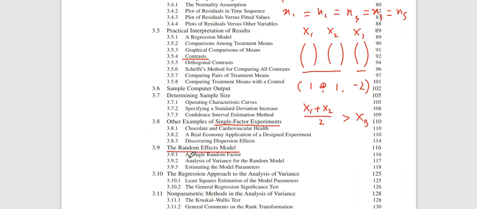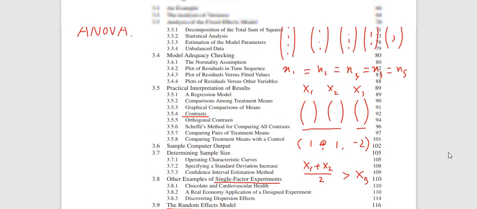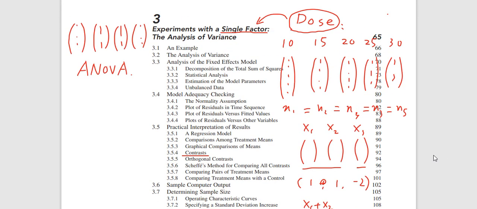Even when there's a single factor, we put in randomization. What does randomization mean here? It means if we want to compare those levels, like 10 or 15 or 20, 25, 30, and determine which level is better, we have to let some people take the 10 level, some people take the 15 level.